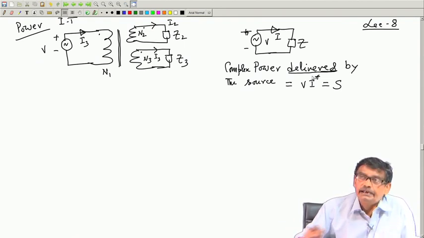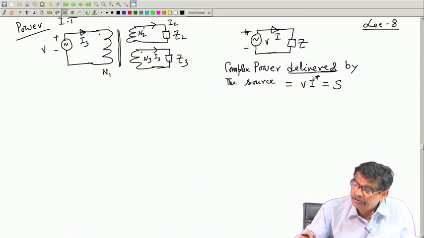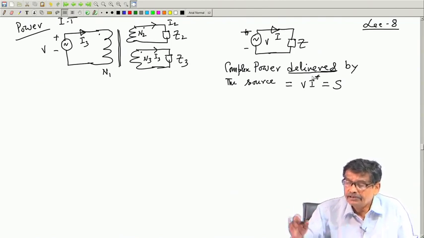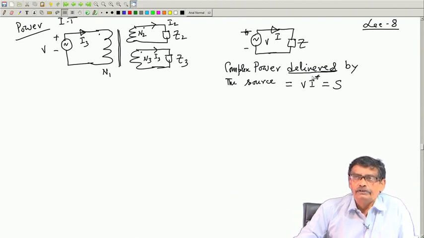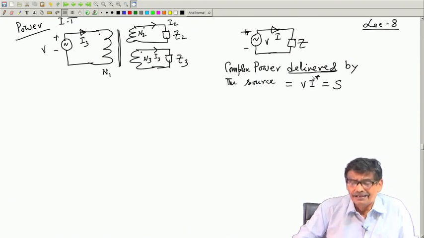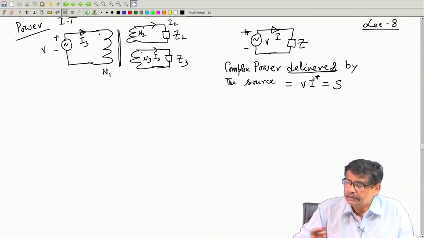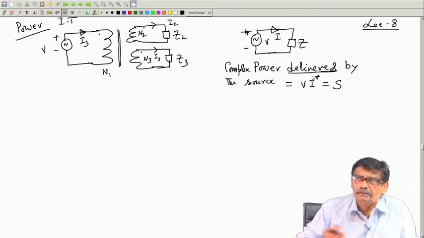Now, after calculating this, if both the real part and imaginary part are positive numbers, then real power is delivered by the source and reactive power is delivered by the source. In any circuit, current direction is your choice, and even if you have chosen it wrongly, it will be reflected in this equation.